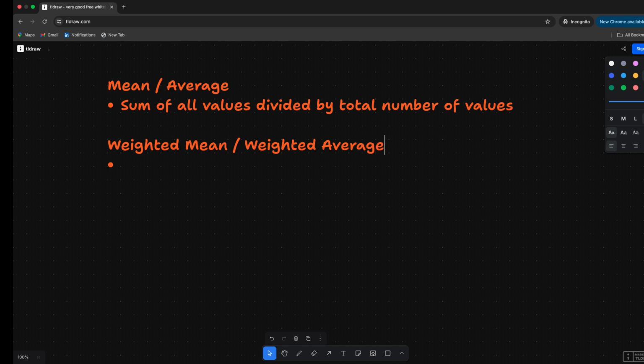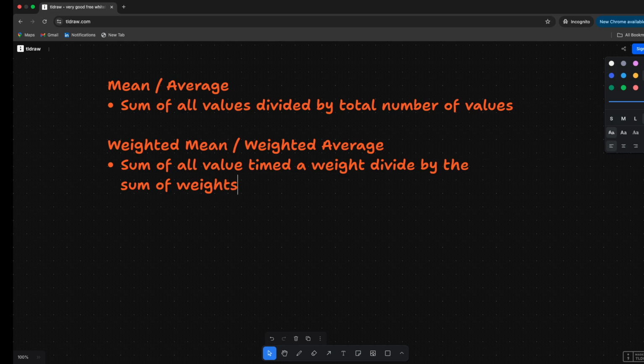The next thing that we have is the median.